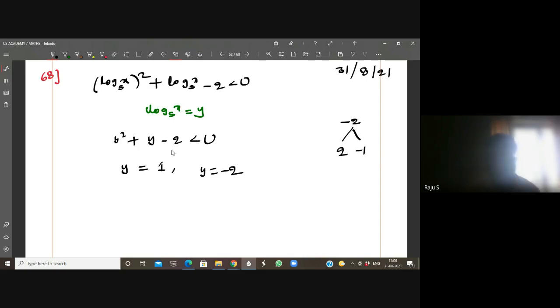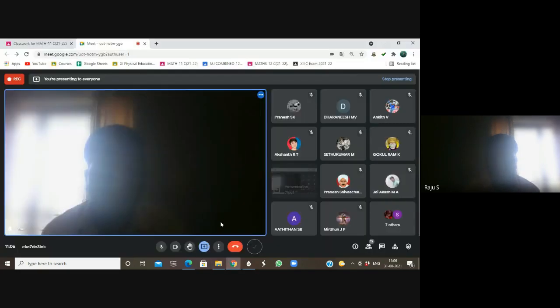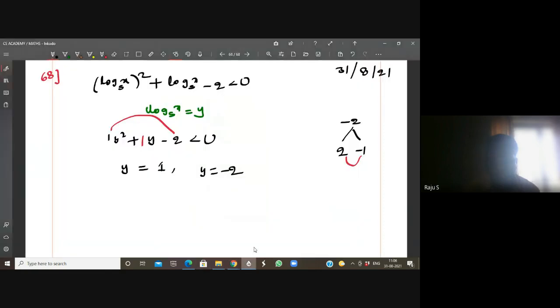Factorization is a shortcut method. 1 into minus 2 becomes minus 2, and 2 minus 1 becomes plus 1. So the roots we can take directly with opposite sign: 1 and minus 2. Now at last you can replace the y value.